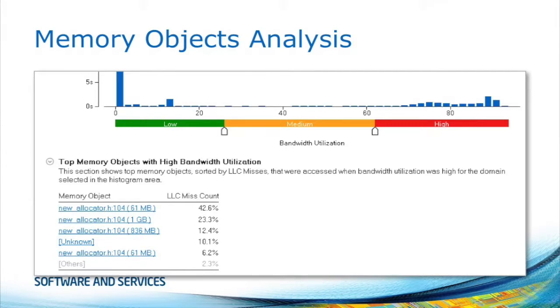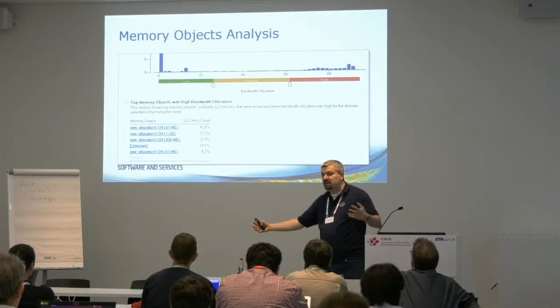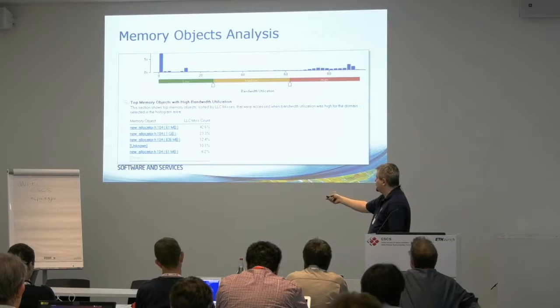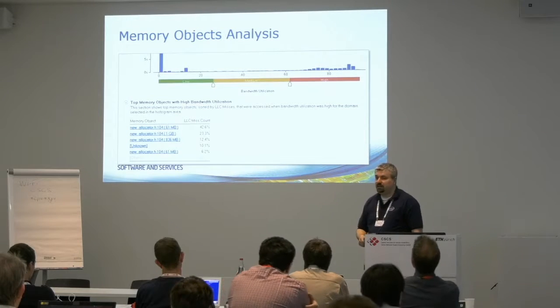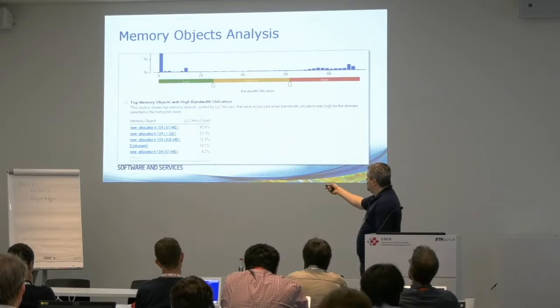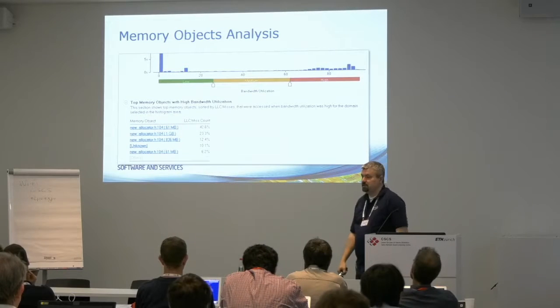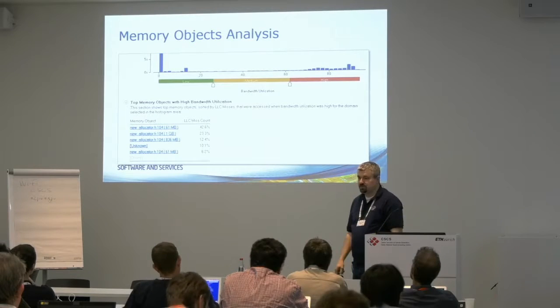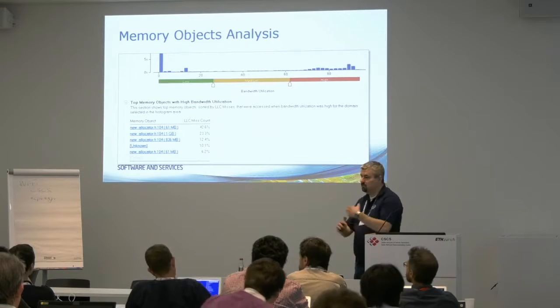You don't have to investigate the memory traffic for all of your 100 data structures. You can focus on the ones that VTune picks out for you and says, these are the top 4 or 5 allocations where you're having most of the last level cache misses, right? And then you can focus on those data structures to improve locality on them, whatever, right?